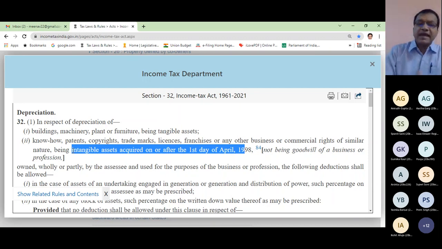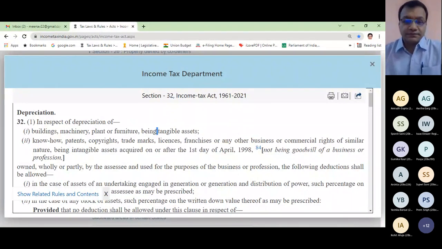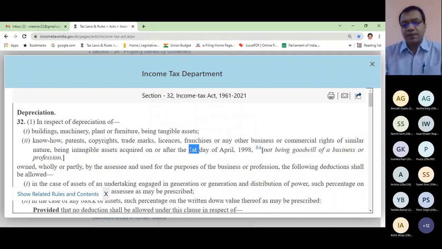That means any intangible asset which has been acquired before 1st April 1998, you cannot claim depreciation on that intangible asset. This date 1st April 1998 was not used in clause 1. So there is no date when these have been acquired, but if you want to claim depreciation for intangible asset, you must make sure that you must have acquired it on or after 1st April 1998.